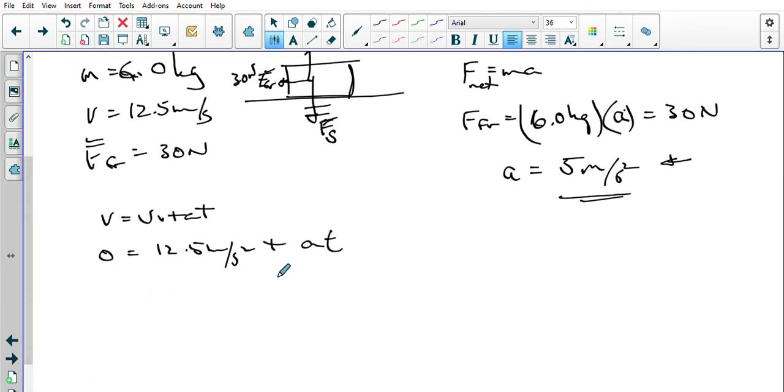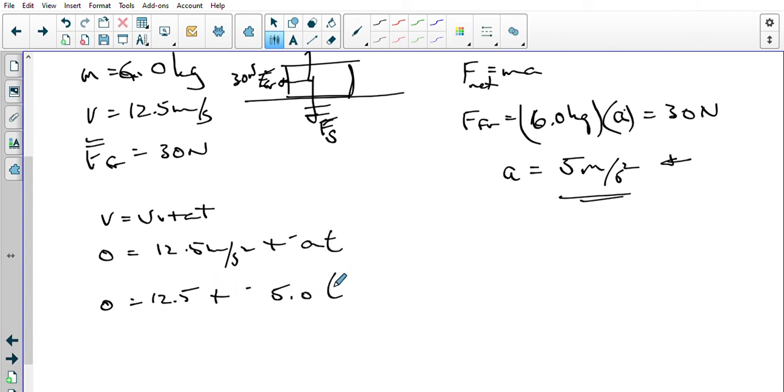The acceleration then is going to be negative, so 0 is equal to 12.5 plus a negative 5.0 times t. So we're going to have negative 12.5 on the left-hand side, divided by negative 5.0 from the right-hand side. That's equal to my t. And when I do that calculation, t is equal to 2.5 seconds.